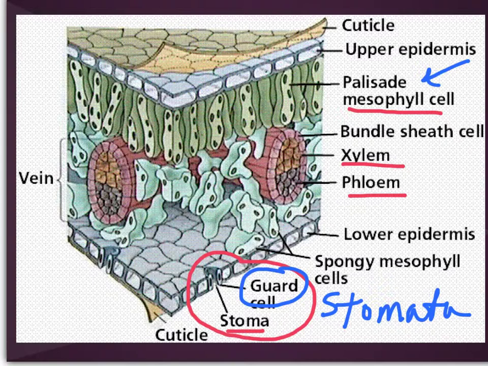Notice that the stomata, or this particular stoma, and all of the rest of the stoma, are on the bottom end of the leaf, and this is going to have a lot to do with the function and the anatomy of these stomata.